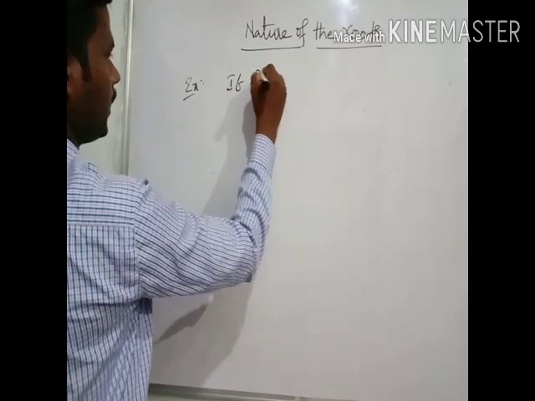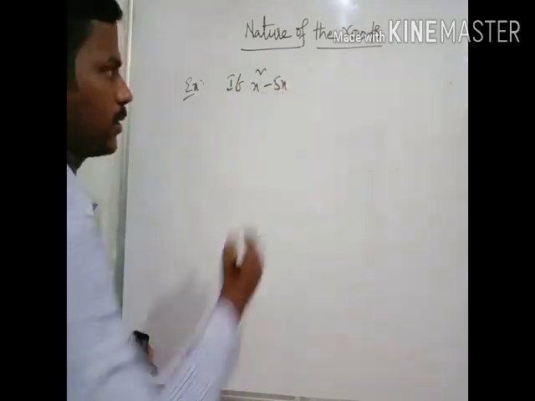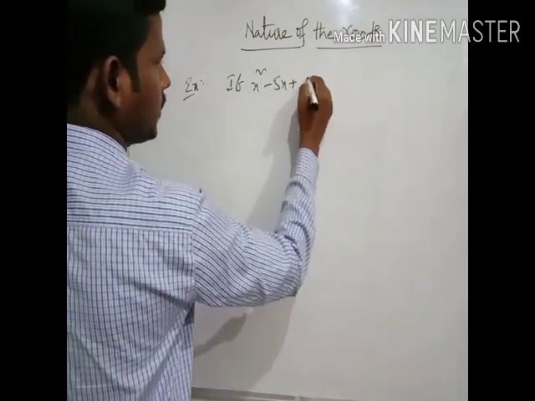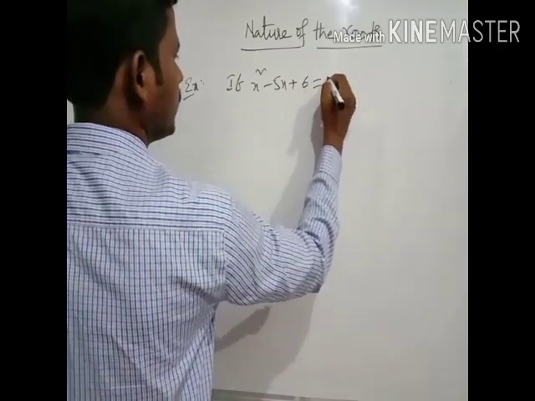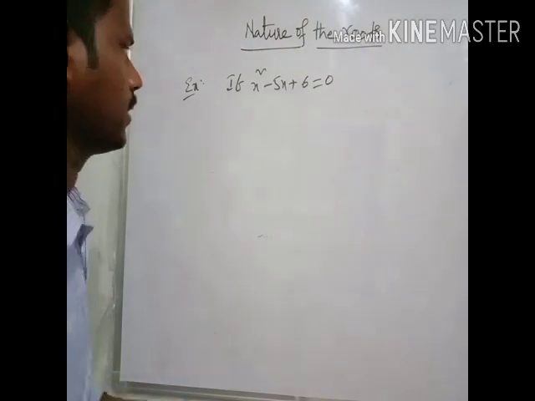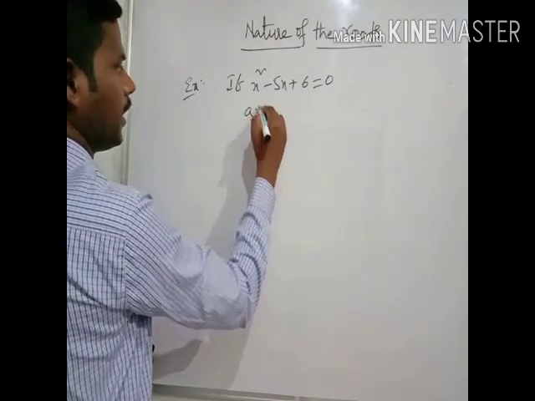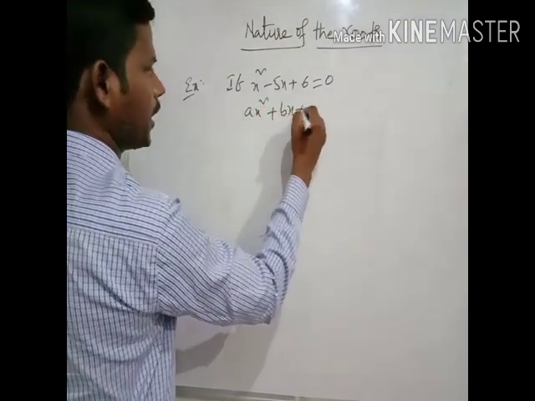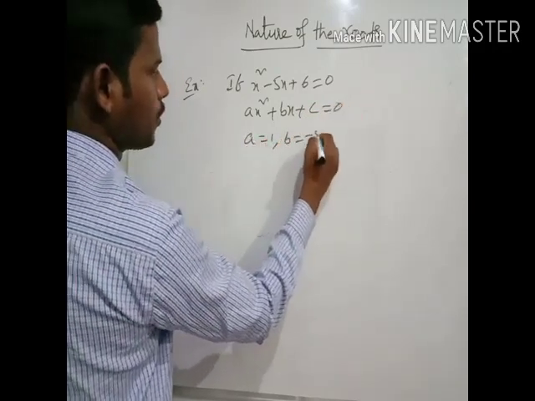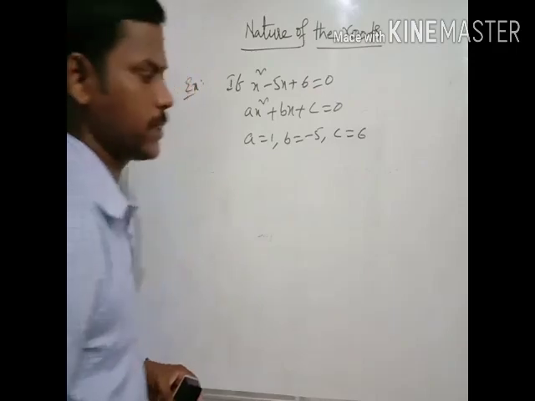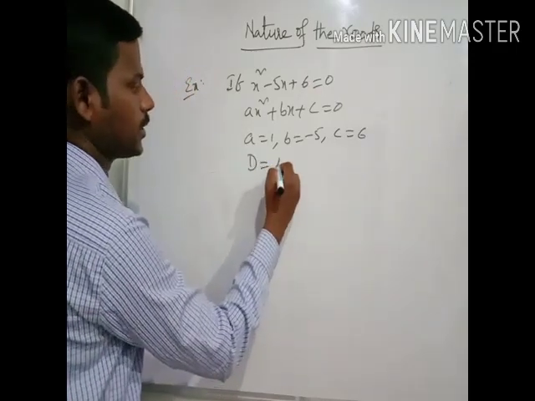If x square minus 5x plus 6 equal to 0, okay, children? Then comparing with ax square plus bx plus c equals 0, a equal to 1, b equal to minus 5, c equal to 6. So discriminant formula, what, children?